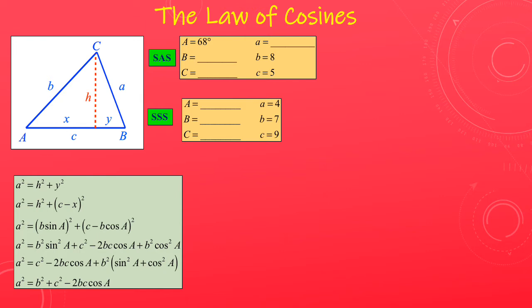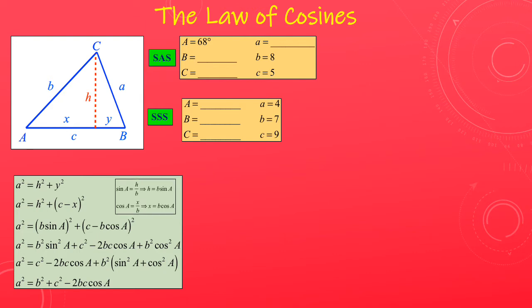Looking at the right-hand triangle, it is a right triangle, and therefore we can say by the Pythagorean theorem that a squared is equal to h squared plus y squared. Dividing the line segment AB into two pieces, x and y, we can then say that a squared is equal to h squared plus quantity c minus x, squared.